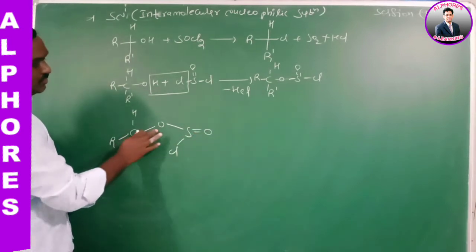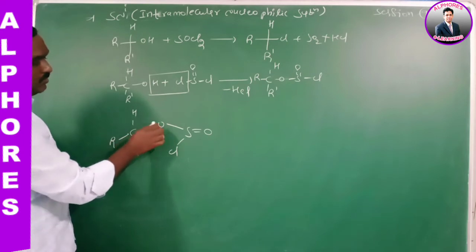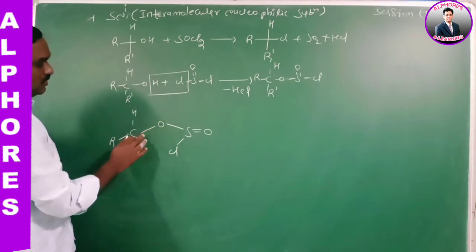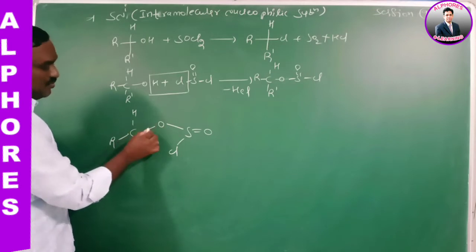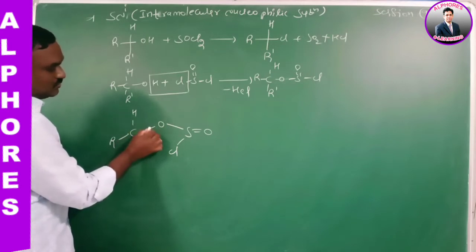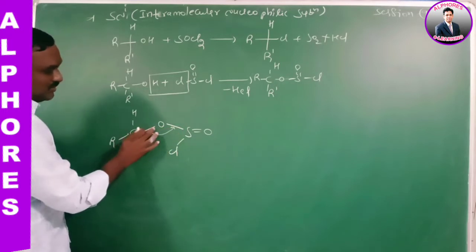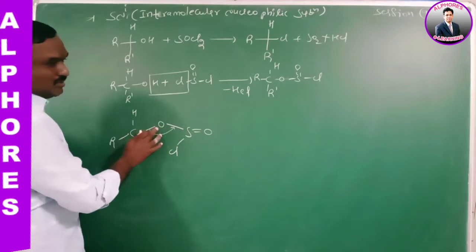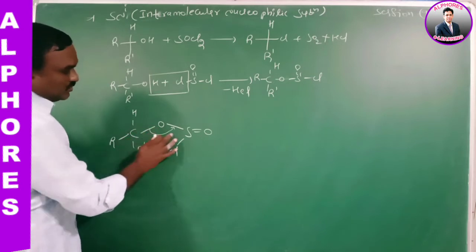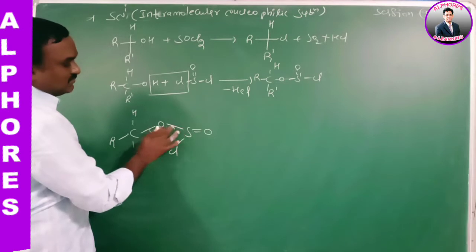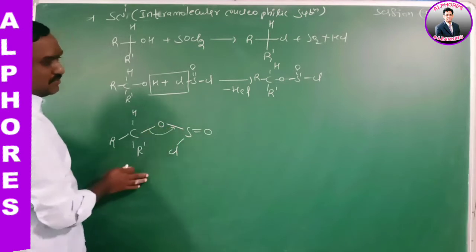Due to the higher electronegativity of oxygen, the carbon-oxygen sigma bond electrons migrate towards oxygen, so bond cleavage is possible between carbon and oxygen. A new sigma bond is formed between oxygen and sulfur.